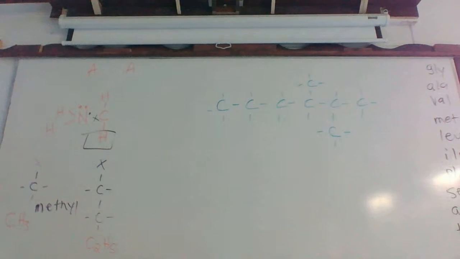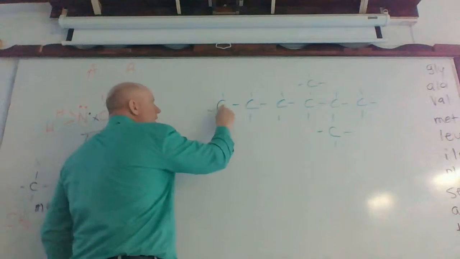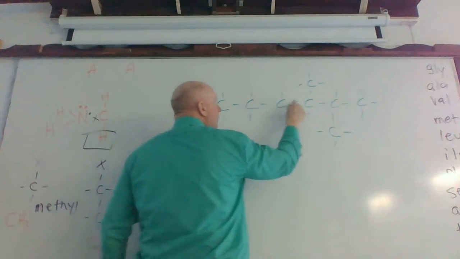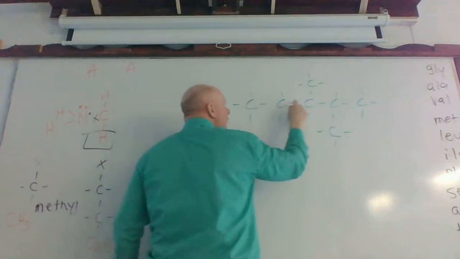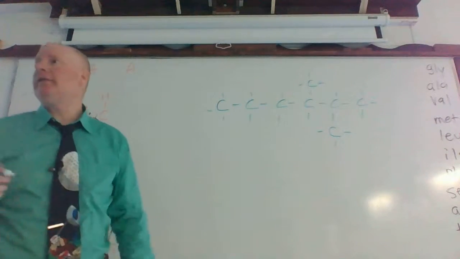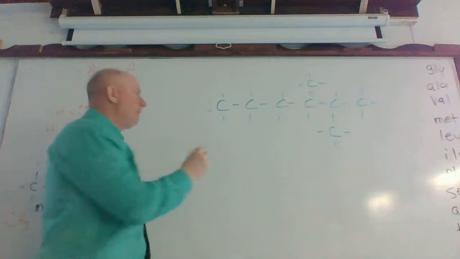Okay, again, find what? The longest continuous chain. And that is what? 1, 2, 3, 4, 5, 6. 1, 2, 3, 4, 5. 1, 2, 3, 4, 5, 6. Okay, 6 is what? Hexane.